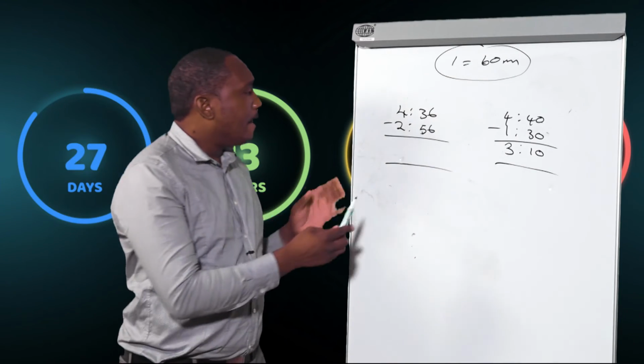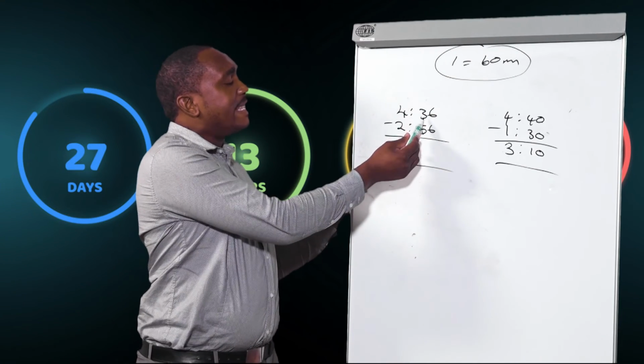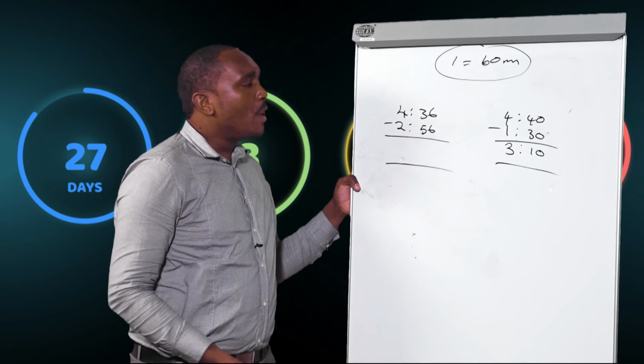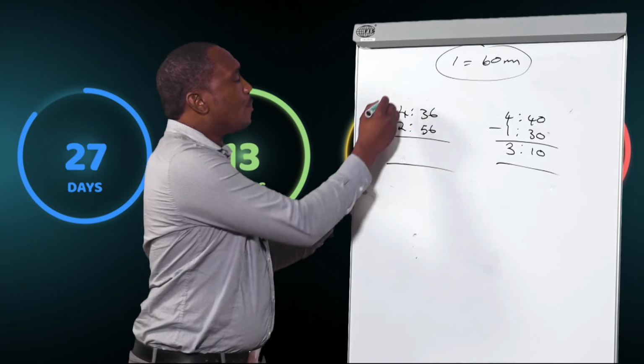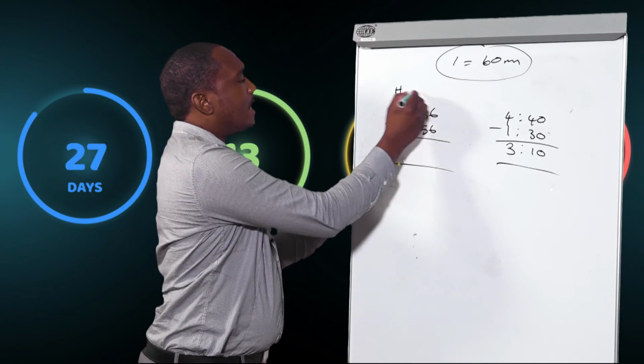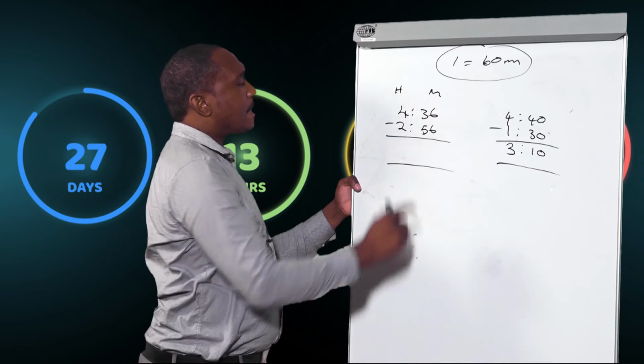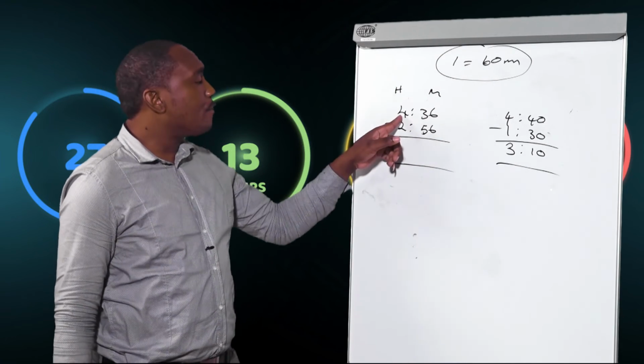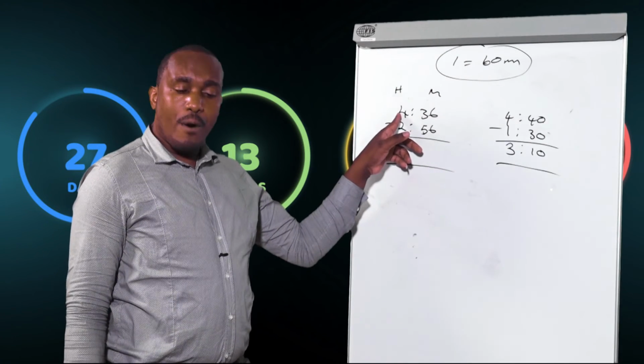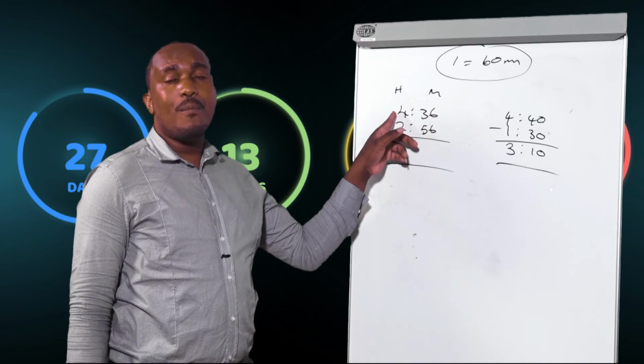So you say, because 36 is less than 56, you will borrow. You should know that this one is hours and this one is minutes. So you borrow 1 from 4.